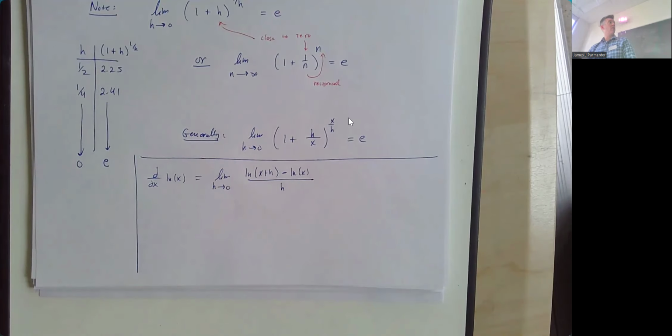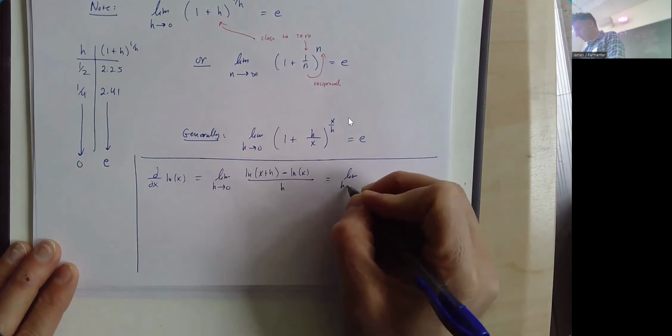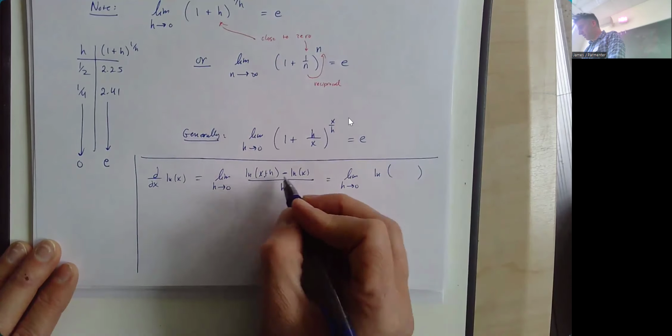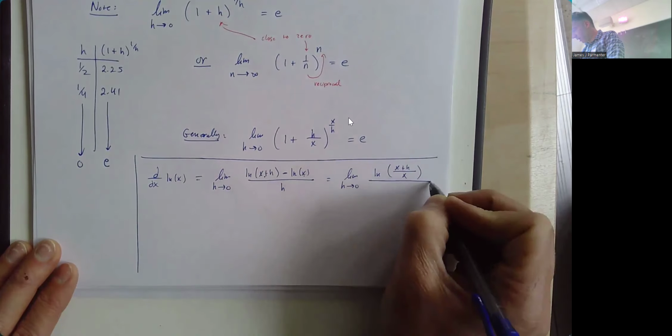And then we're going to use one of the properties of logarithms that says if you have a log with any base minus a log with the same base, we can do the logarithm of the quotient. So it's going to equal the limit as h goes to 0 of the natural log of x plus h divided by x, all divided by h.